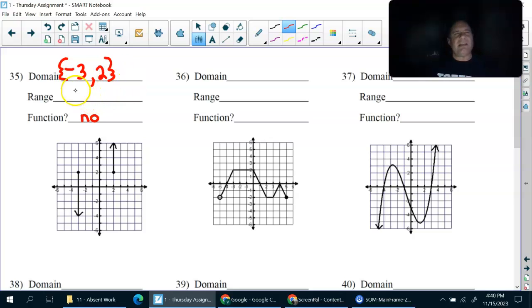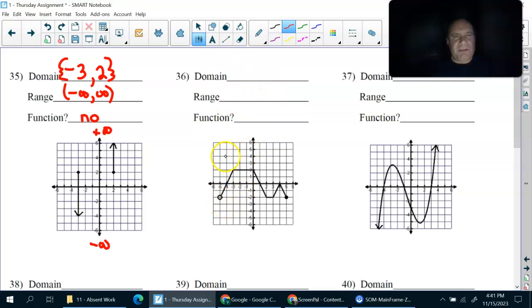We haven't studied that, so don't freak out about it. The range is all the way down, which is negative infinity, and all the way up, which is positive infinity. So the negative infinity goes first, and the positive infinity goes second.